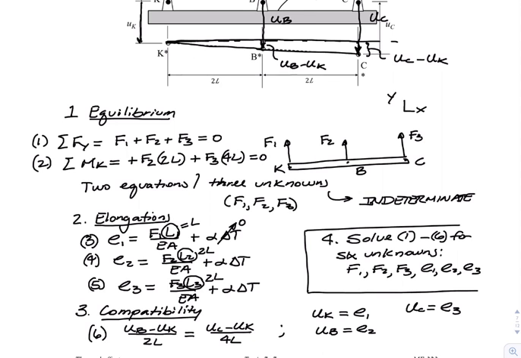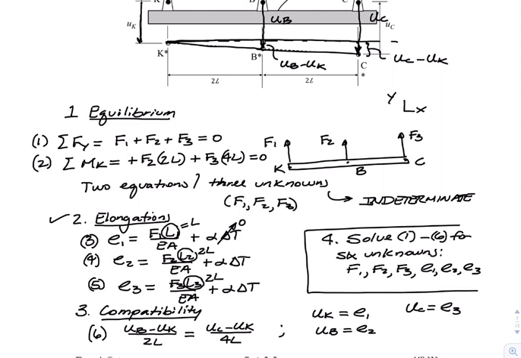In review, what we have here is this rigid bar which is supported by 3 rods. So that's an indeterminate situation. We cannot find out how much load is carried by each one of those rods because we have too few equilibrium equations for the number of unknowns. So we pick up our additional equations by looking first at the elongation. That relates the change in length of these rods back to the loads and the temperature change.